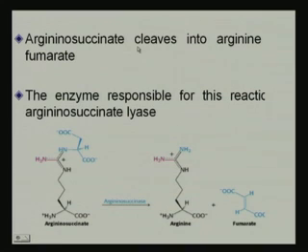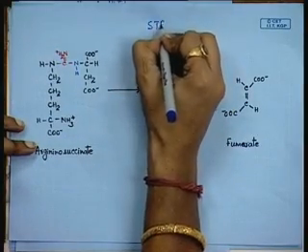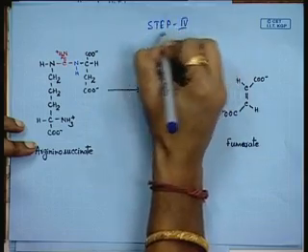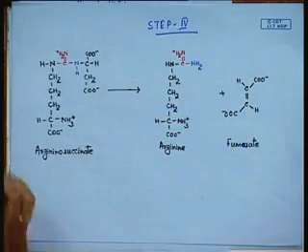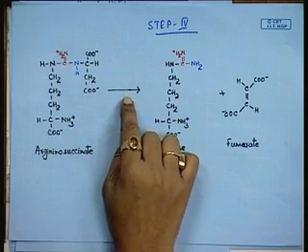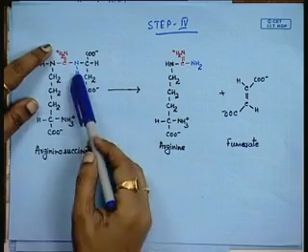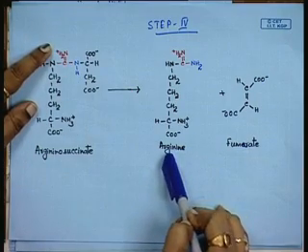Arginosuccinate in the next step is getting cleaved. This arginosuccinate is separating the arginine from the fumarate. You see, this is step 4. In the next step, what is happening? This arginosuccinate, in the presence of lyase enzyme, arginosuccinate lyase, breaks this bonding, and you see here this arginine, one amino acid.